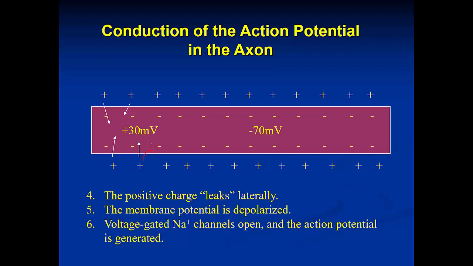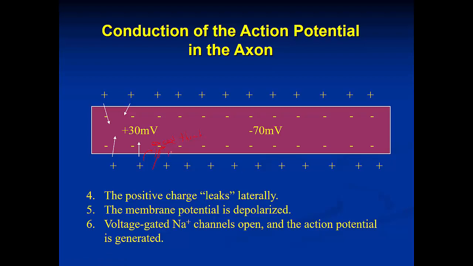Eventually, if we exceed threshold, what happens? Now those voltage-gated sodium channels are going to open. Okay, so they were closed here. Because of that lateral charge, I get depolarization of the membrane. These open up, and now sodium's going to come in. When this sodium comes in, what's it going to do? It's going to leak to the side.